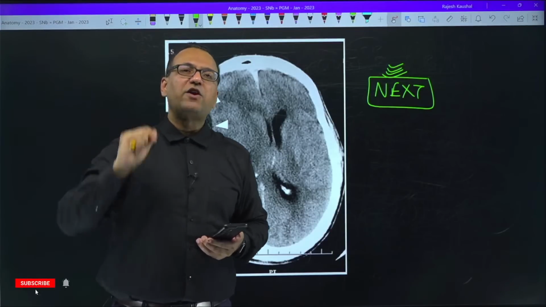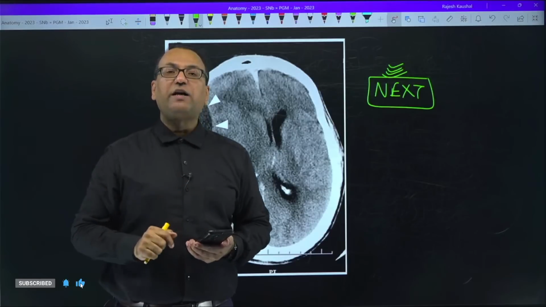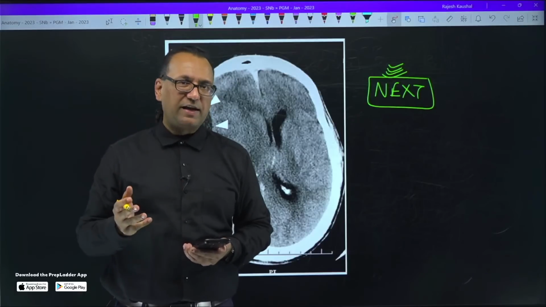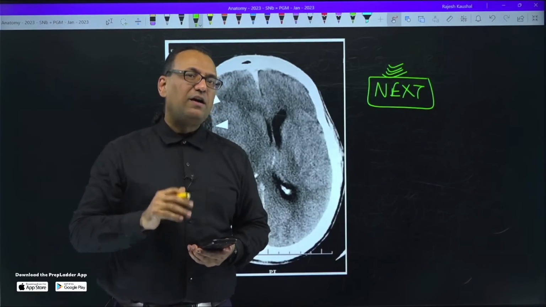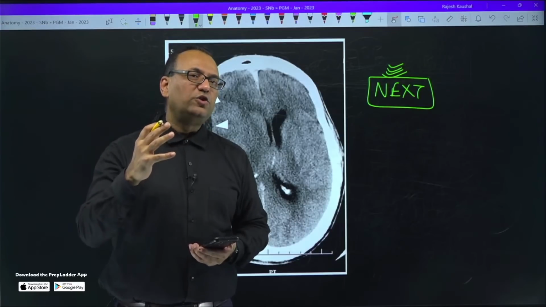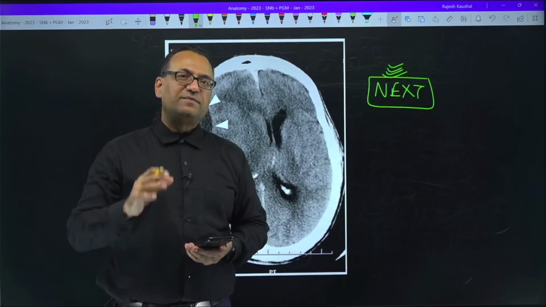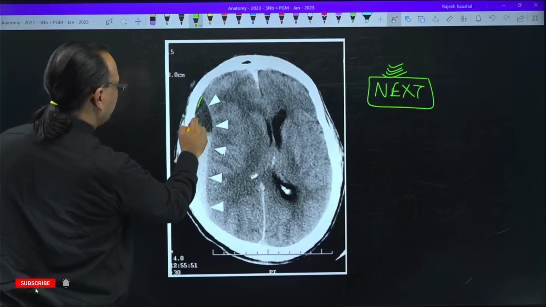Why are they not asking you orthopedics in your NEXT exam? Do you really think they are not asking you orthopedics in your NEET PG? They will be asking, but it is surgery and allied. Will they not ask you anesthesia? Will they not ask you physical and medical rehabilitation? They are allied subjects, okay. So tell me, can you see this darker color here?